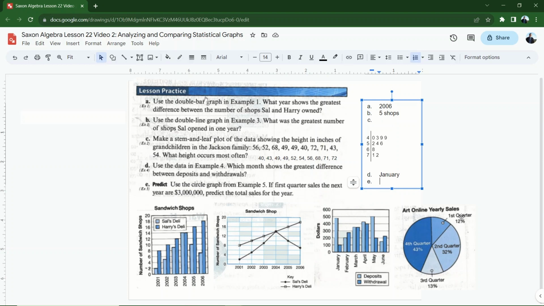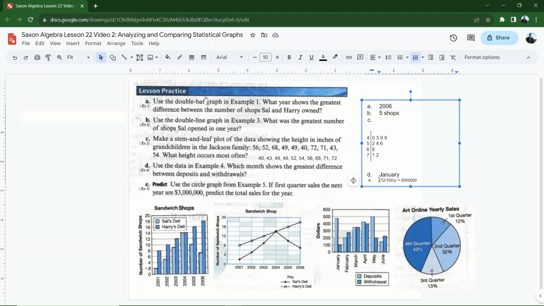So if I was going to predict the rest of the sales for the year, and I know that 12% of them in the first quarter is 3 million, here's what I know. 12% is 12 over 100, right? 12 over 100 times the total sales for the year, I'm just going to represent that with Y, equals the total sales in the first quarter. So 12 over 100 Y equals 3 million.